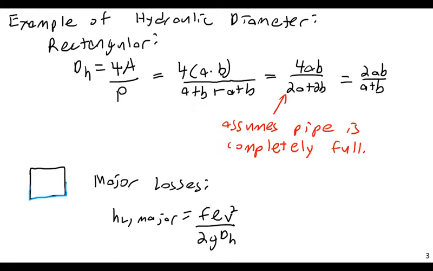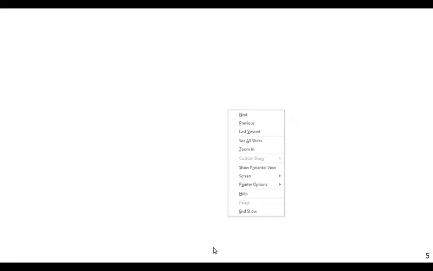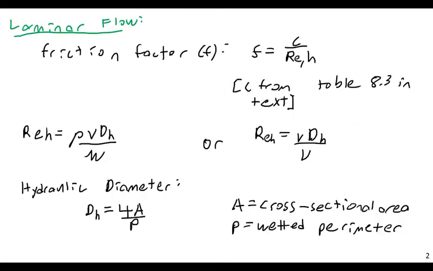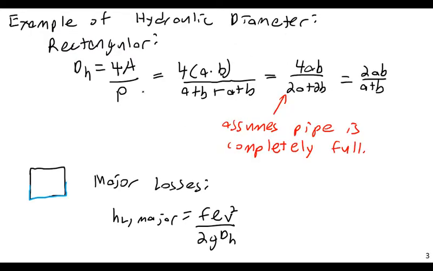All right, so that was the case for laminar flow. What about the case for turbulent flow? Everything up to there was laminar flow for rectangular pipes. Well, turbulent flow isn't going to be that different.